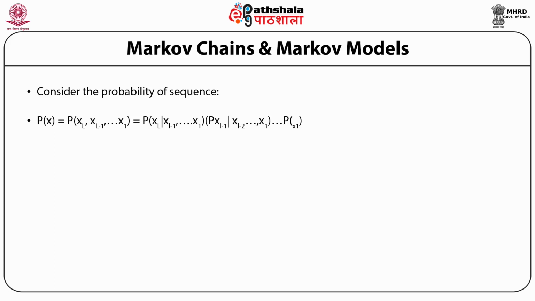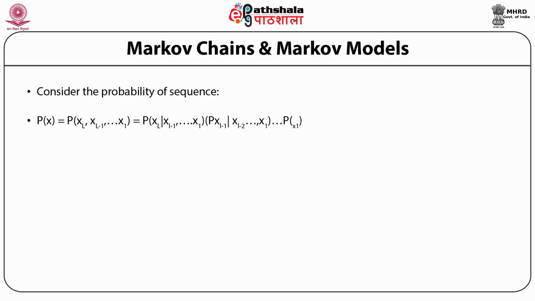Now this I can write as a conditional probability: P of x now depends on having got x at the Lth state, given that at L minus 1, L minus 2, L minus 3 until the first state I have gotten some symbol, times the product of the probability at L minus 1, given what I have got at L minus 2, L minus 3, and so on and so forth.